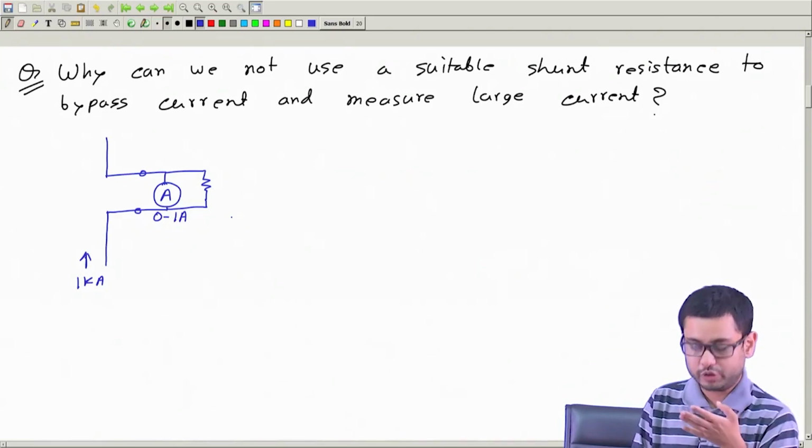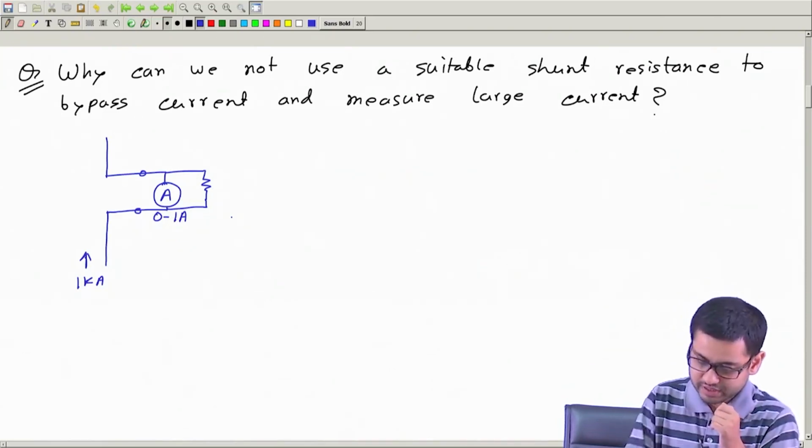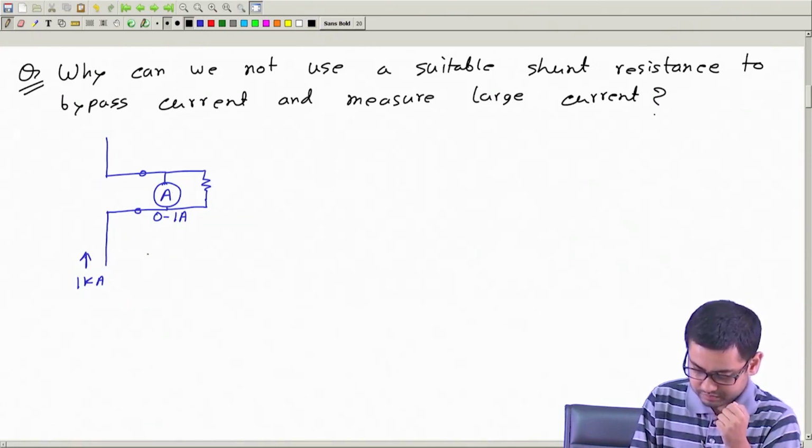What is the merit of using a current transformer? Say for example, the internal resistance of this ammeter is 99.9 ohm.